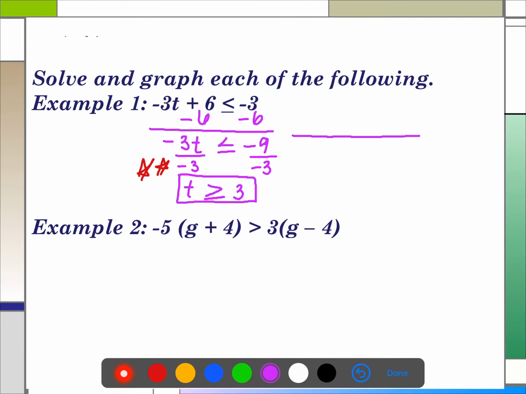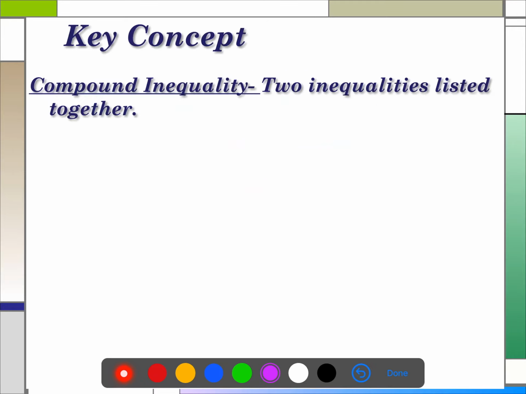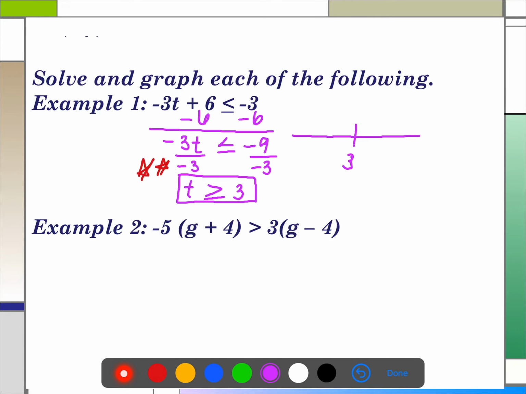Now I have to put this on a number line to graph. So remember, when I graph, just the one value in question, no other tick marks. Now I'm going to determine, is this an open or a closed circle? Since it is equal to, it's a closed circle.